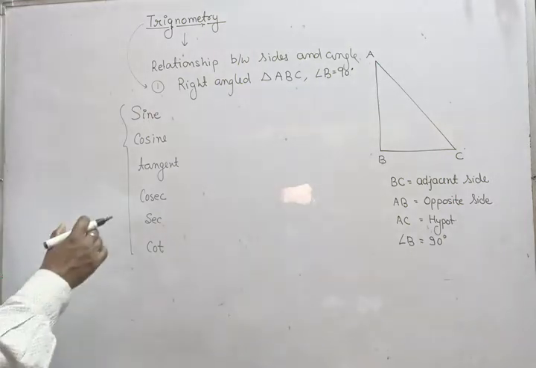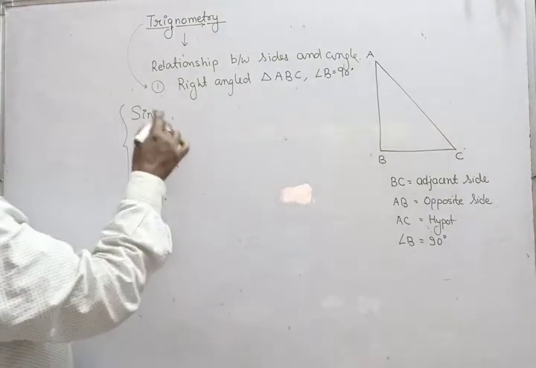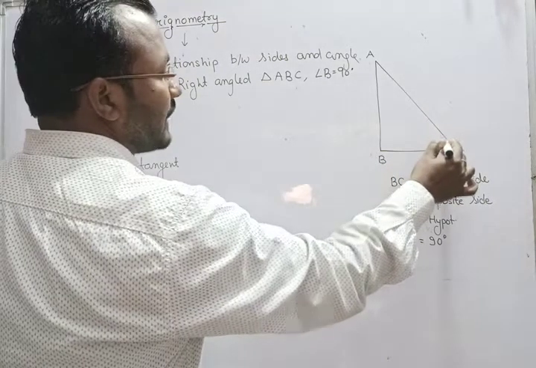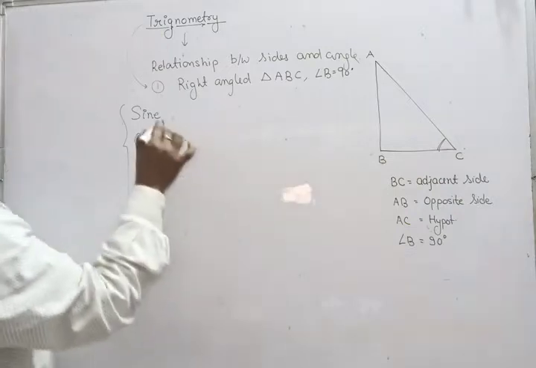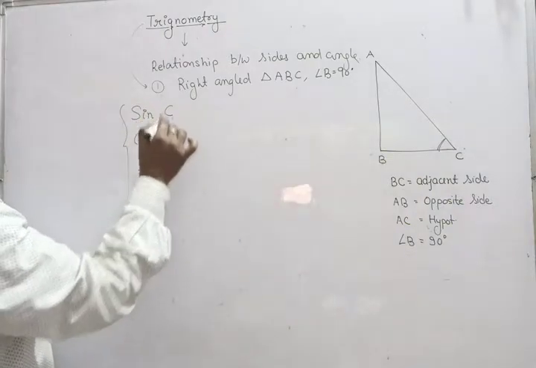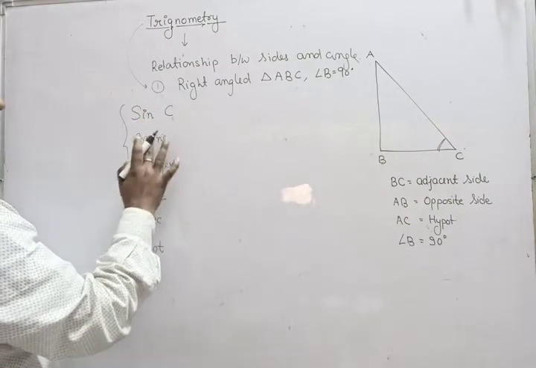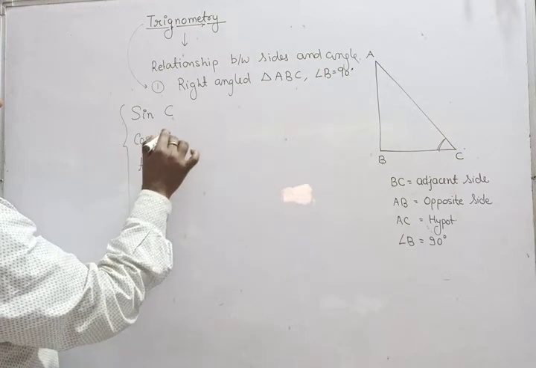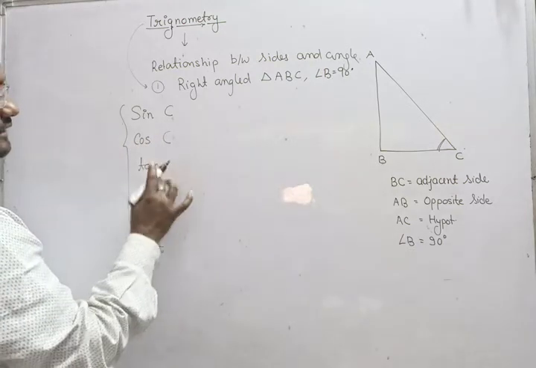So suppose we have to find out these properties, and we are working for this angle C. We have to find out the value of sine C, or in short, cosine is represented as cos, and tan is represented as tan.